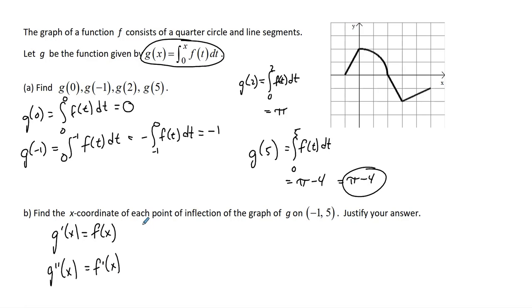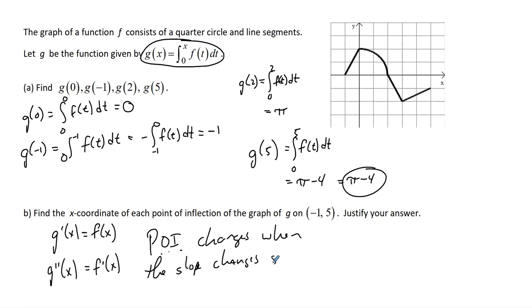All right, and then points of inflection will occur when the slope changes signs. So I'm going to say POI, points of inflection, changes when the slope changes signs. So when does that happen?